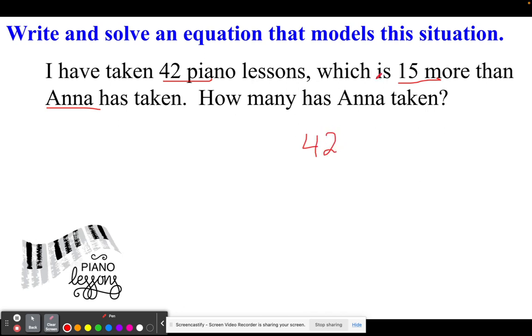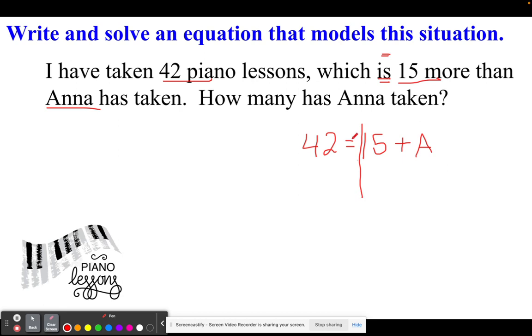If you remember our math words, is means equals. So my 42 equals 15 more than, remember more than, we're talking addition, Anna has taken. I'll put an A for Anna.